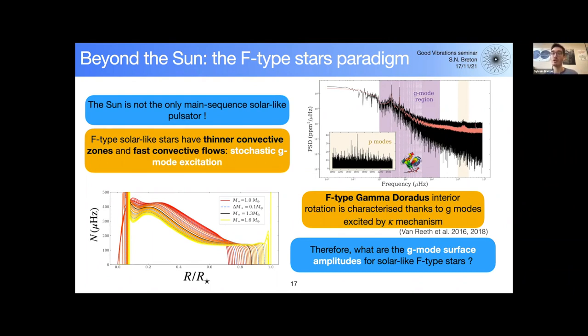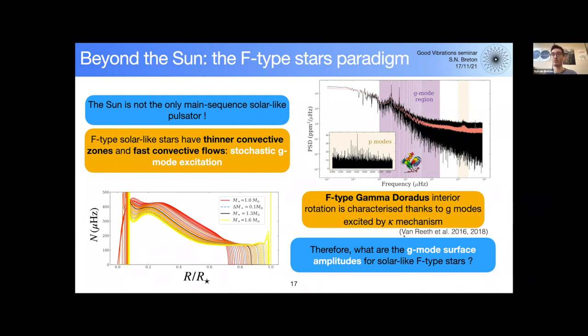Also, the F-type solar-like stars are just below, in the HR diagram, the F-type pulsating gamma Doradus stars, for which the interior rotation could be characterized thanks to the observation of g-modes excited by the kappa mechanism. So these F-type solar-like stars are the missing link between the gamma Doradus stars and the Sun.